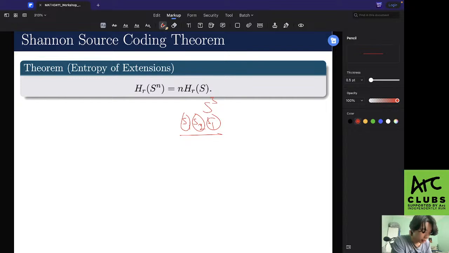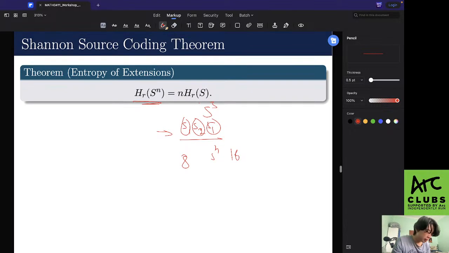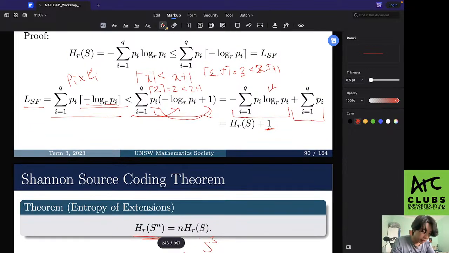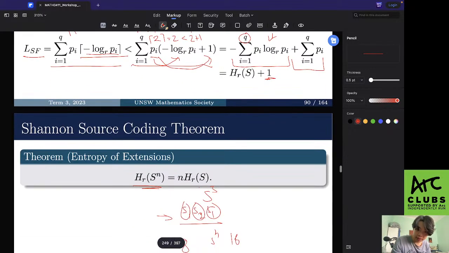And the problem with this is, when we're trying to calculate the entropy, we have to find the probability of each individual permutation, but there are a lot of permutations, right? Even at S3, if we have 2 symbols, then we have 8 options. When we have S4, we have 16 options, and so on. So it increases rapidly, and our sum becomes larger and larger, right? Because our entropy sums up all the probabilities.